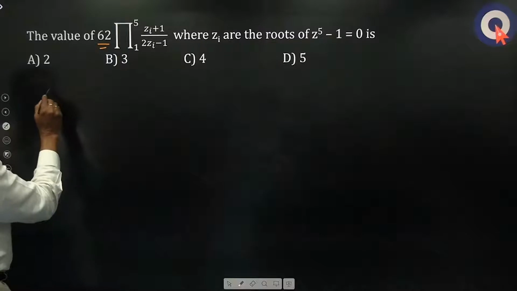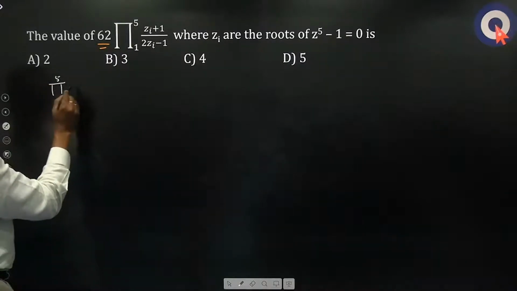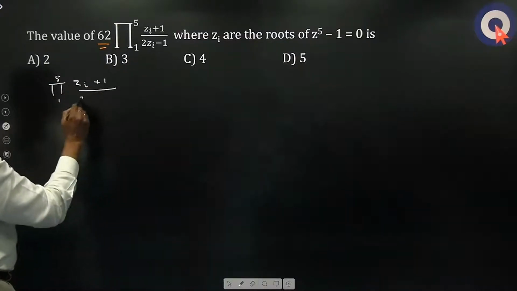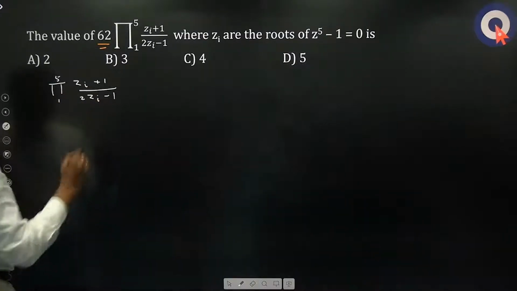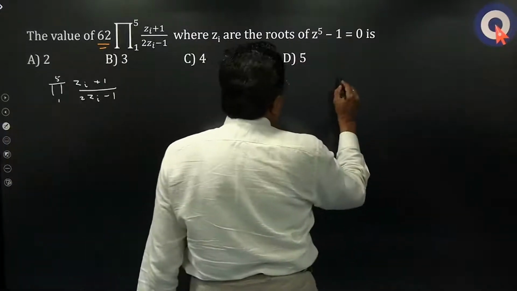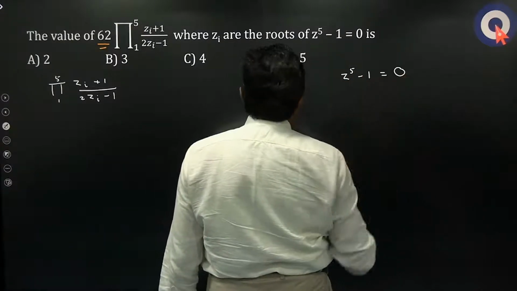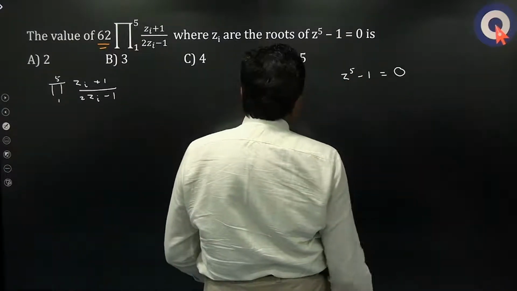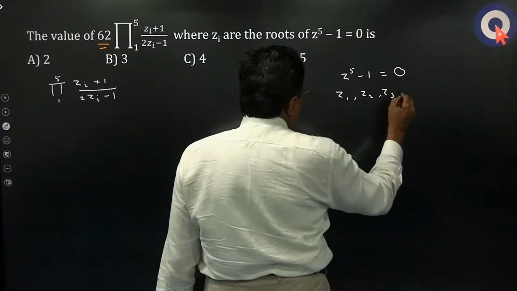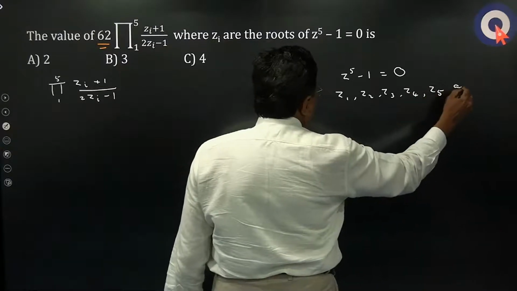So here, the product for i equals 1 to 5 of (zi plus 1) by (2 zi minus 1). Now you see, for the equation z power 5 minus 1 equals 0, z1, z2, z3, z4, z5 are the roots.